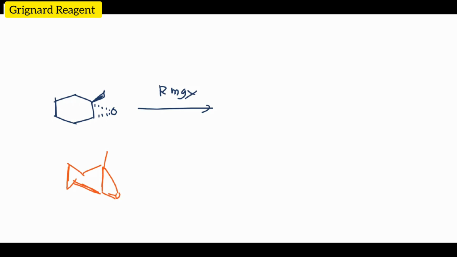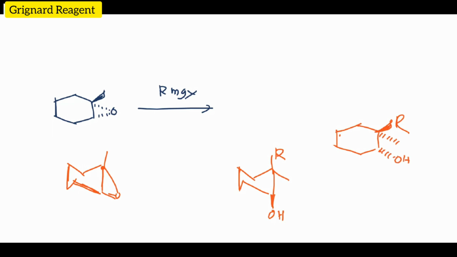And now the axial position is only this one. So if I come from this side, then OH will be here, the methyl will be here, and this R will be here. In simple form, R will be at the top, methyl at the bottom, and OH also at the bottom. So this is the product of my desired reaction.